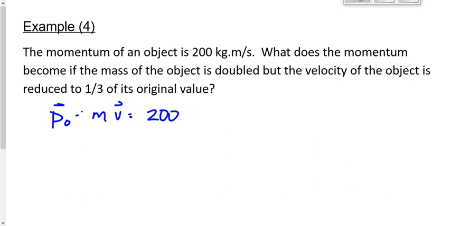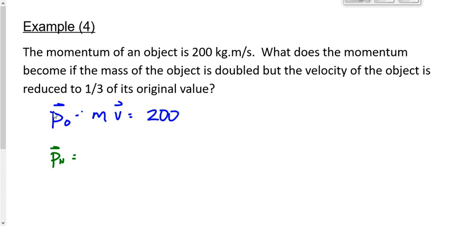Now, my new momentum, I'm going to call that Pn. My new momentum is what? Let me fill you in on a little secret before I go any further. Remember when I told you yesterday the equation for momentum is M times v? I lied. The equation is technically not M times v. The equation for momentum is mass times velocity.